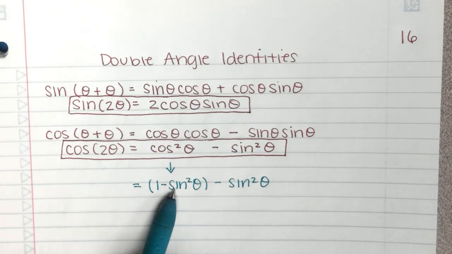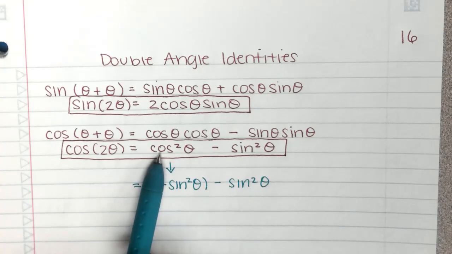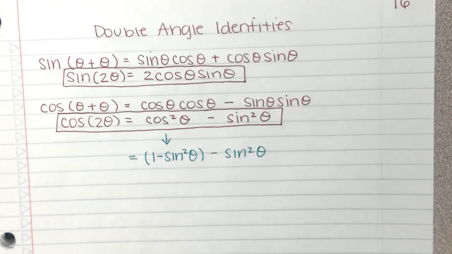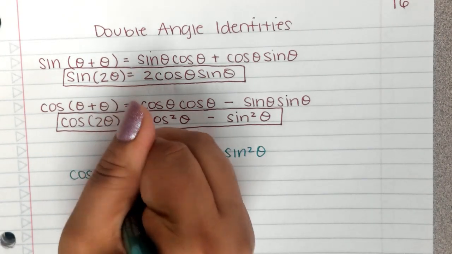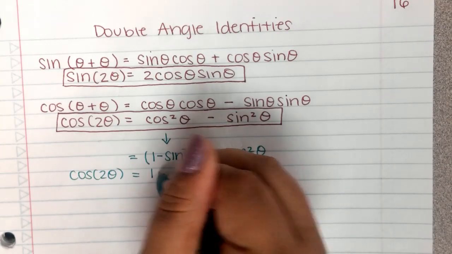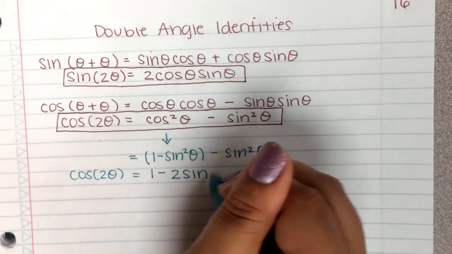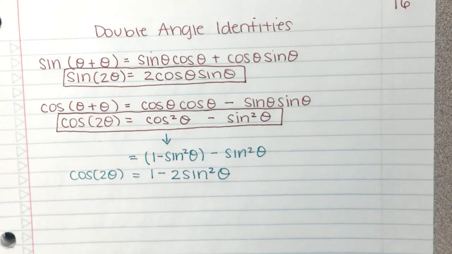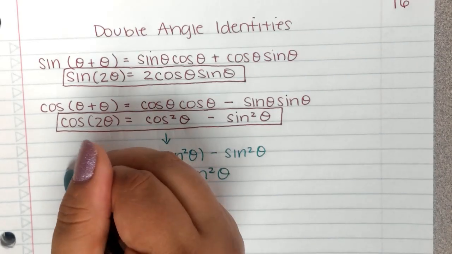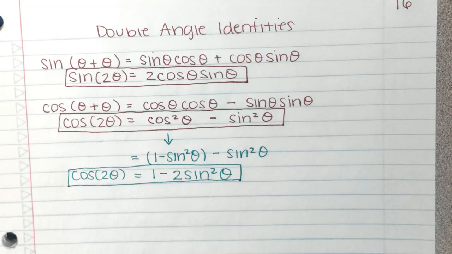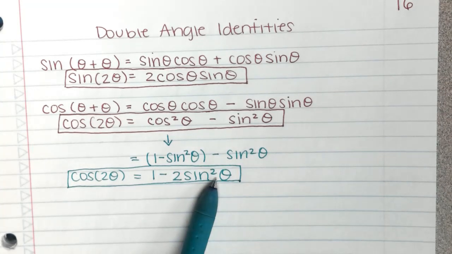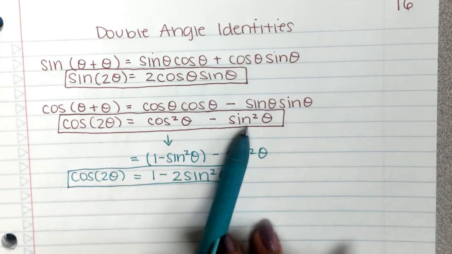I just substituted in my Pythagorean identity for cosine squared theta. And this right here would give me 1 minus 2 sine squared theta. So this is also a cosine double angle identity. You would use this one if you only had sine versus this one you have cosine and sine.